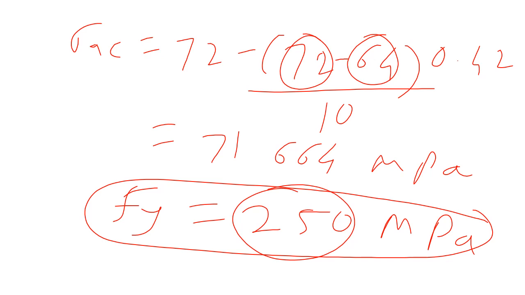So our sigma AC comes to 71.664 megapascal. But there is one more thing we need to consider. Whatever permissible compression stress we calculated, that is 71.664, is not the final value, because this is a special condition.